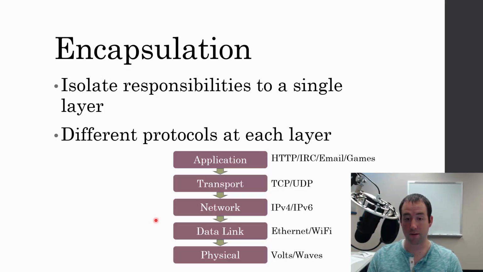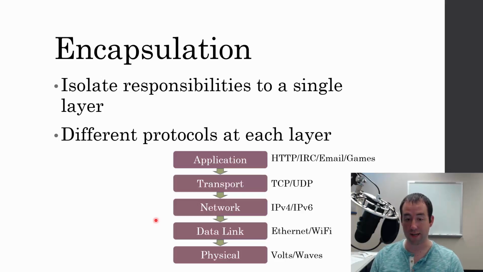All that matters is that the network layer is doing what the network layer is supposed to do, which is especially routing. Again, down at the data link layer, we've got different protocols for controlling the data link layer: Ethernet, Wi-Fi. Your web browser doesn't care whether you're connected to the internet via Ethernet or via Wi-Fi. It doesn't have to change anything in the way that it operates.